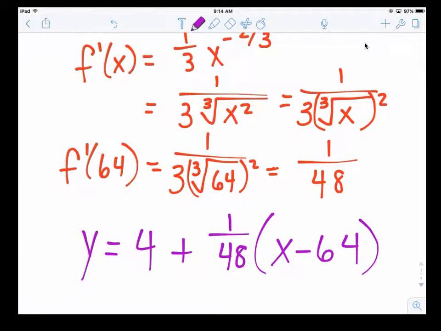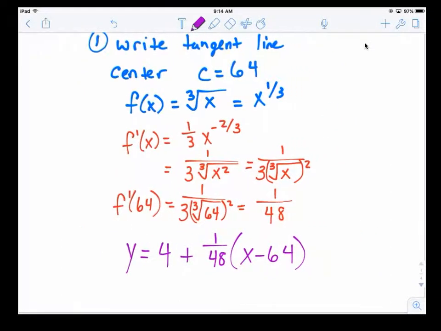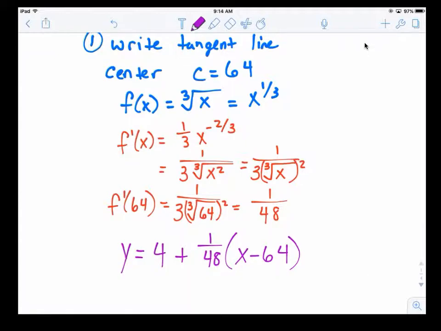So again, any value a little bit to the left or to the right of 64 is going to have very similar values to what my tangent line has. Since we're looking at 70, I can plug 70 into my tangent line, and that should give me a pretty close answer to what the cube root of 70 is.